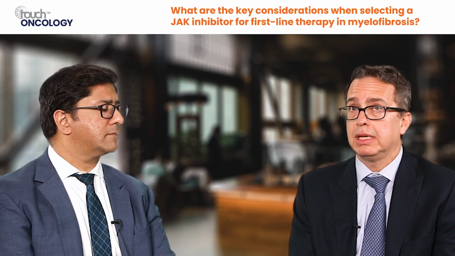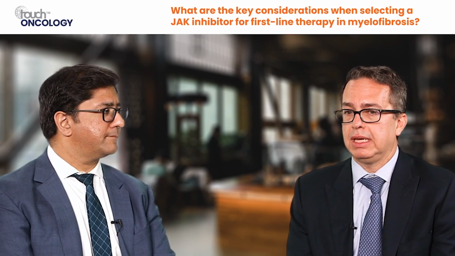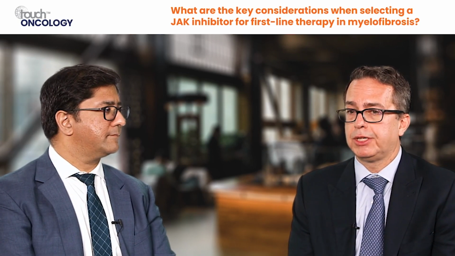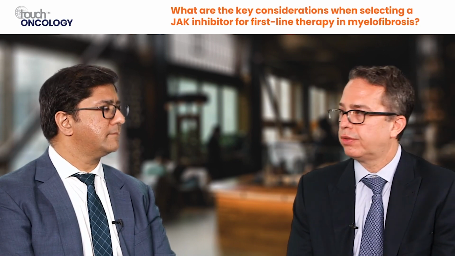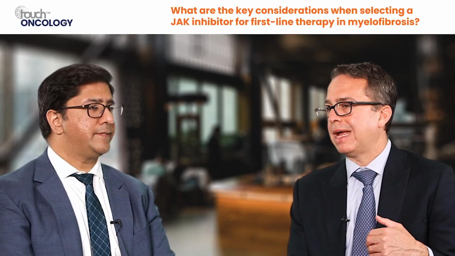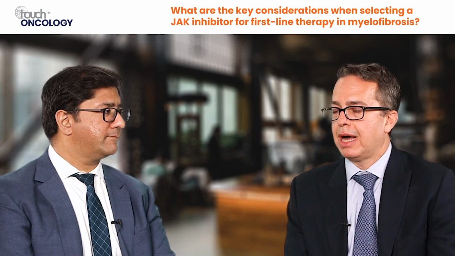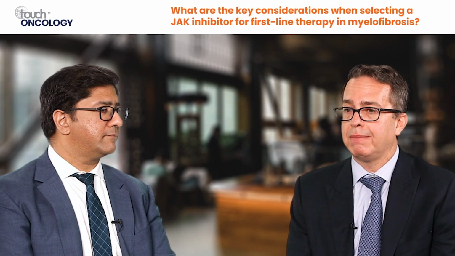I would also say treat through cytopenias too, and I think that's a common mistake that's made in the community, in which the hemoglobin drops, particularly with ruxolitinib, for example, in the first 2 to 3 months, and the tendency is to really pull back on the dose, and you compromise the activity of the drug.